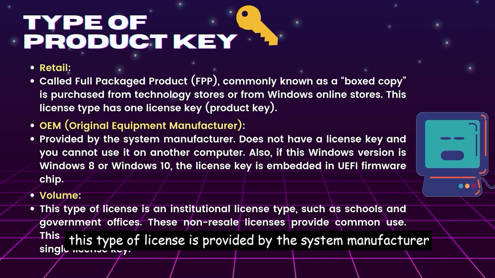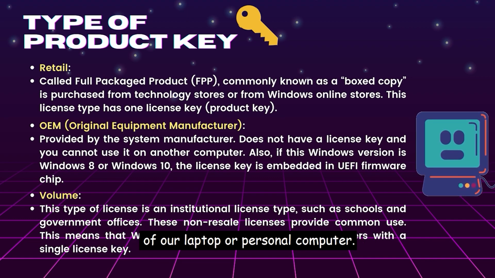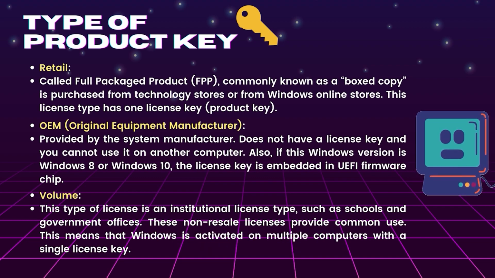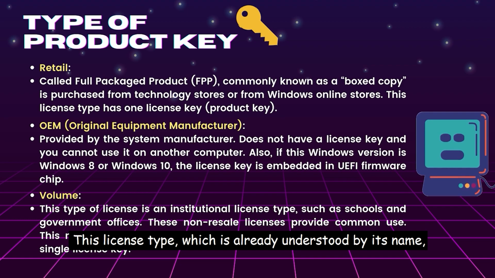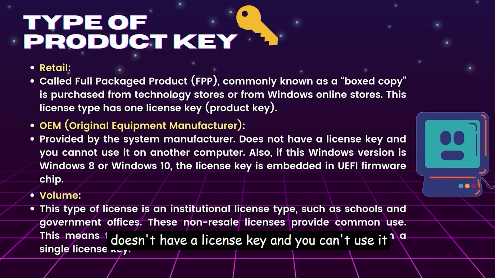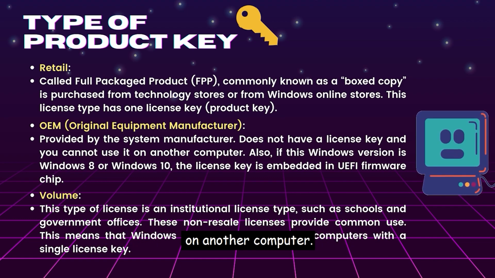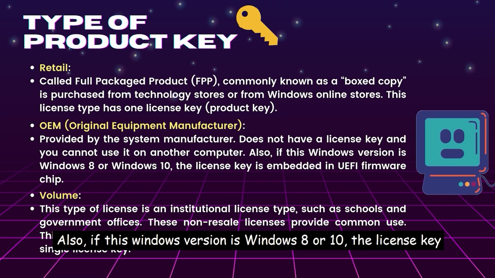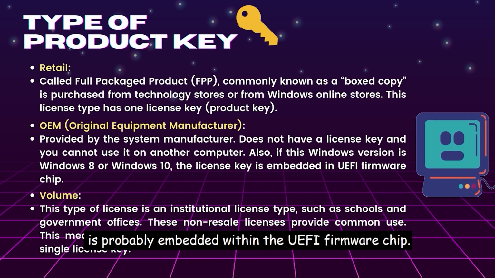This type of license is provided by the system manufacturer of our laptop or personal computer. This license type, as its name suggests, doesn't have a license key, and you cannot use it on another computer. Also, if this Windows version is Windows 8 or 10, the license key is probably embedded within the UEFI firmware chip.